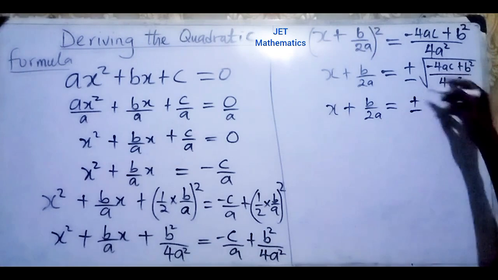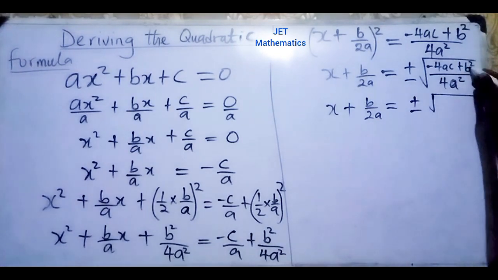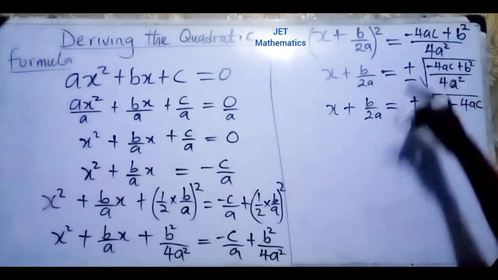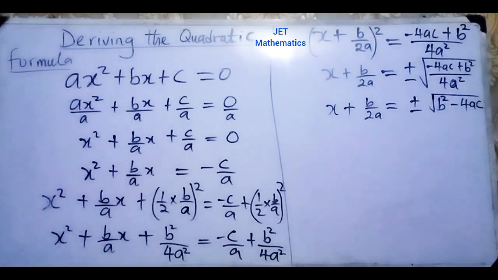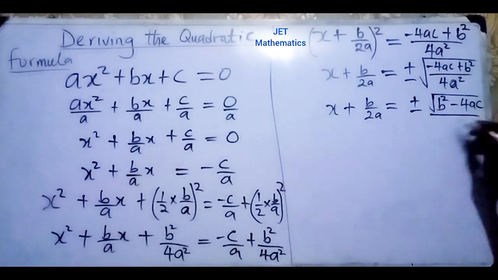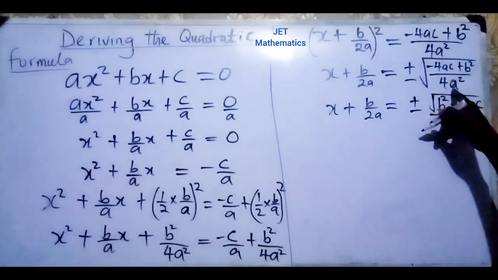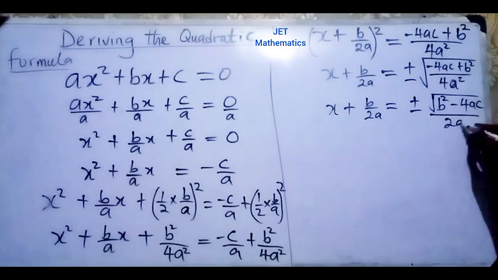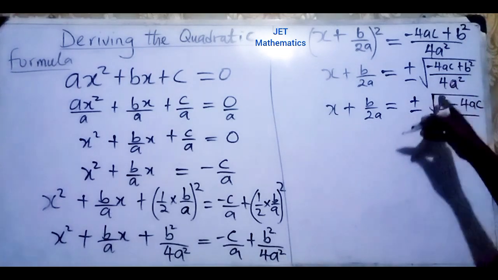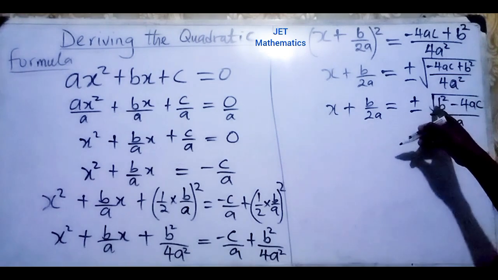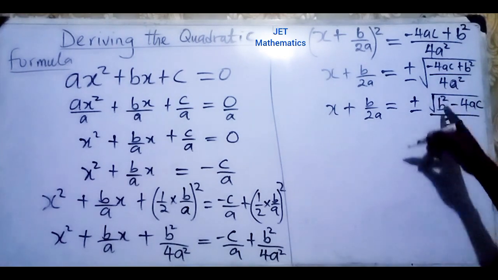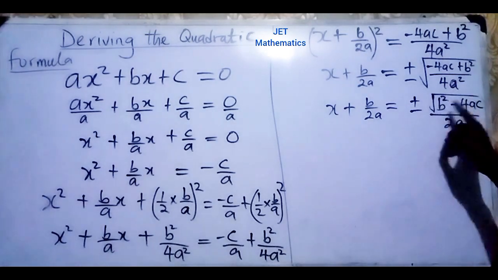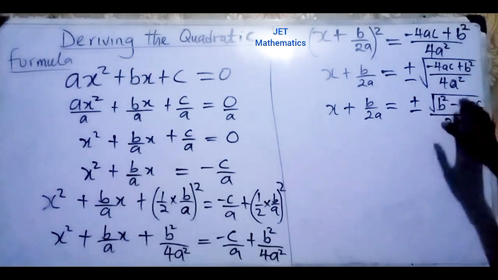I can rearrange the numerator, the square root of b squared minus 4ac, all over the square root of 4a squared. The square root of 4a squared gives me 2a. Please remember the square root in the numerator remains, because we have only taken the square root at the denominator. We cannot find the square root of this, so we leave it as it is.